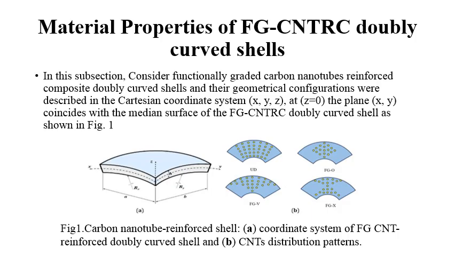In this section, we present the material properties of the FG-CNTRC doubly curved shell to analyze the dynamic behavior of shell structures. Figure 1 shows the coordinate system of the FG-CNT reinforced doubly curved shell and the CNT distribution pattern.